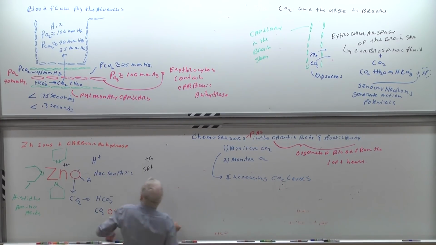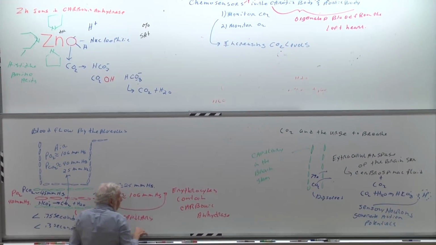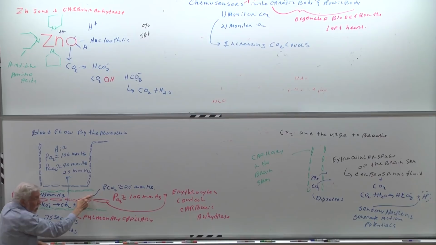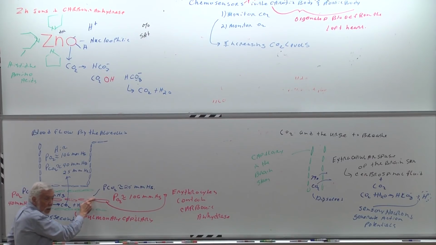But let's go back to the upper panel, because when you're at rest, it's pretty straightforward to come back to the old 40 millimeters of mercury for carbon dioxide and use that basal carbon dioxide and hydrogen ion effect to tell you to breathe. But now when you're starting to exercise hard, now you're generating more CO2 in the tissues. More CO2 is coming back here. And if you haven't increased your heart rate to make the blood move through here more quickly, what will happen is your CO2 levels will now begin to creep up.